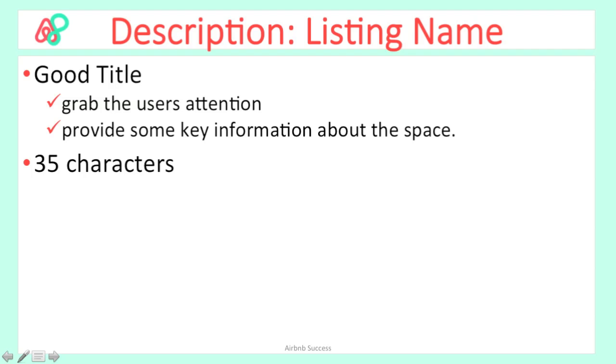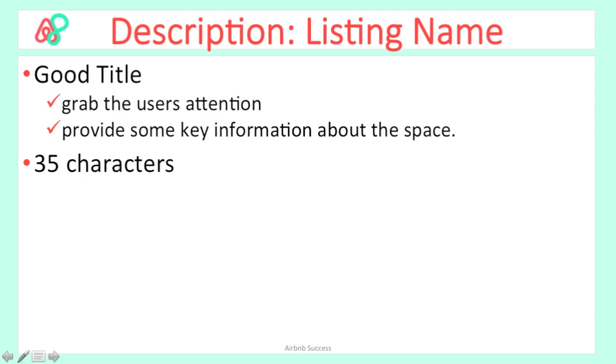Think about the best and most unique aspect of your house and try to incorporate it into your title. If your place is special, like it's a lighthouse or a boat, then that already stands out. But do put it in the title: a yacht, a tent.